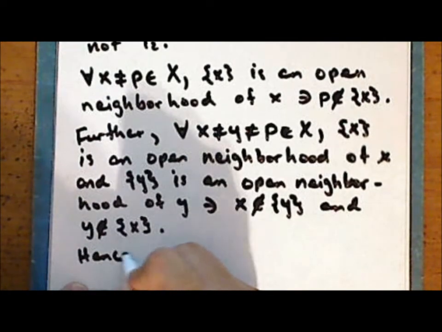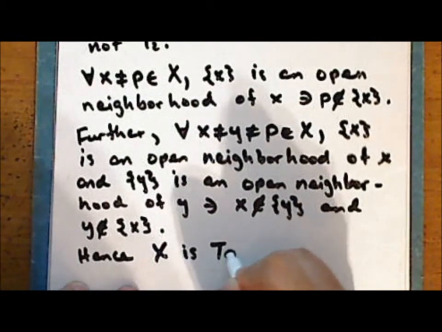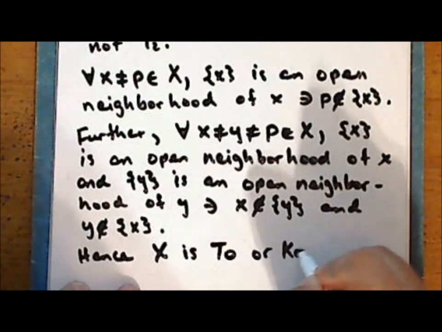And hence the space is T0 or Kolmogorov.